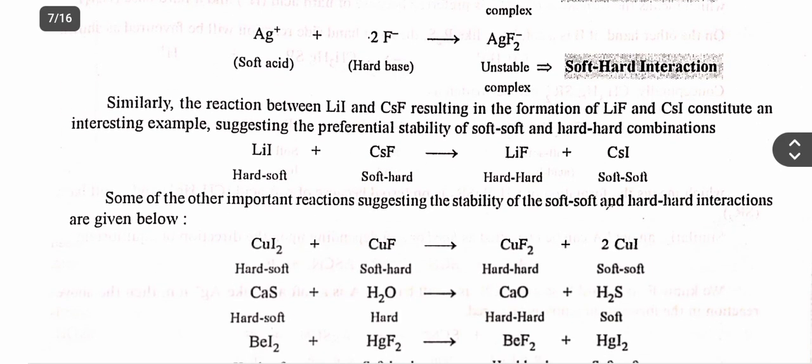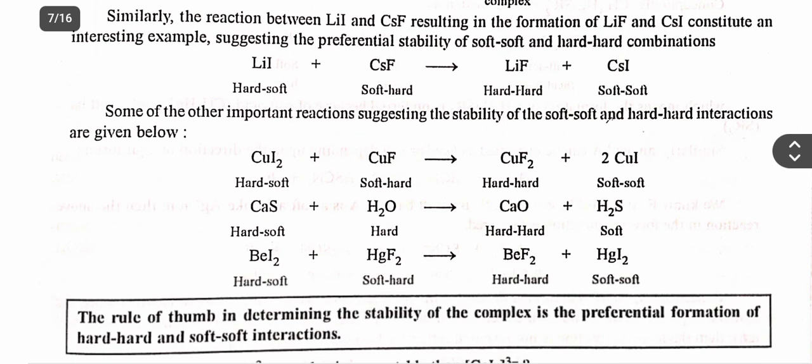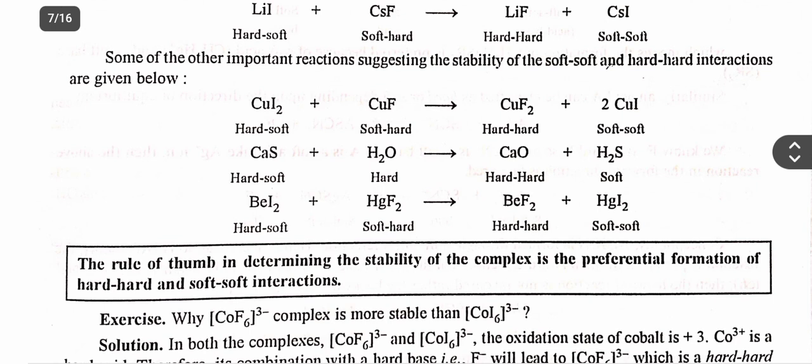Some of the other important reactions suggesting the stability of soft and hard interactions are given below. The rule of thumb in determining the stability of the complex is the preferential formation of hard-hard and soft-soft interactions.